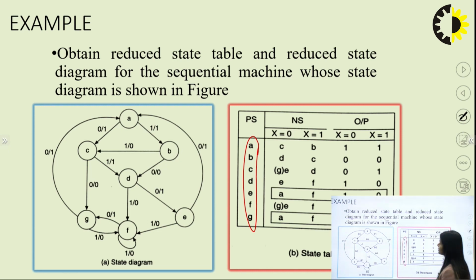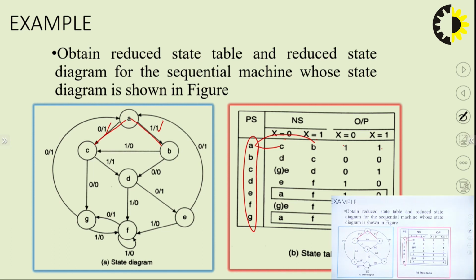Corresponding to these changes, A to B, A to C, B to C, B to D, I will write starting from A. So A to B and A to C, for input 1, input 0, for 1 and 1 the output.